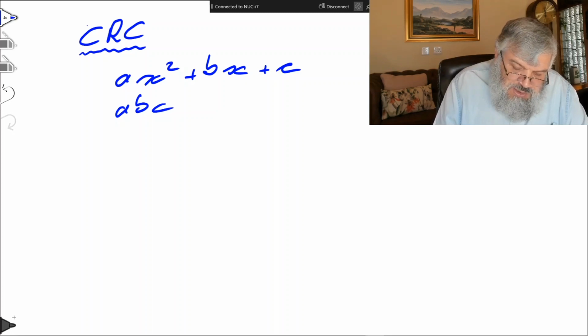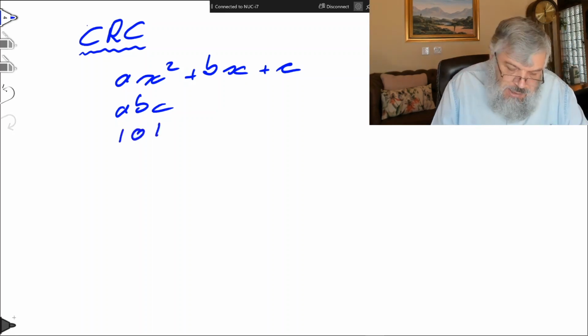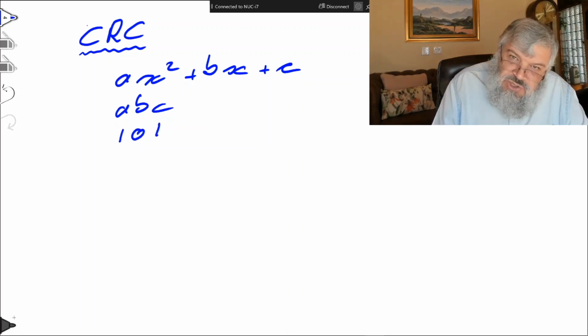The polynomials that we will be using are binary polynomials, which means the coefficients can only be ones or zeros. So you can specify an entire binary polynomial by writing down a value such as 101. That would be 1x squared plus no x plus 1.